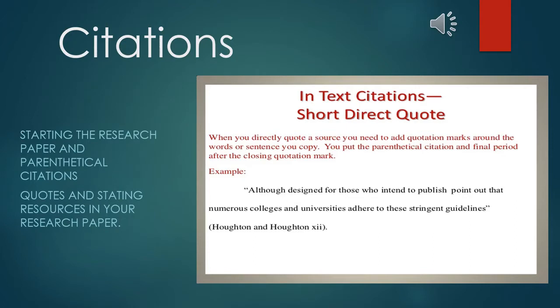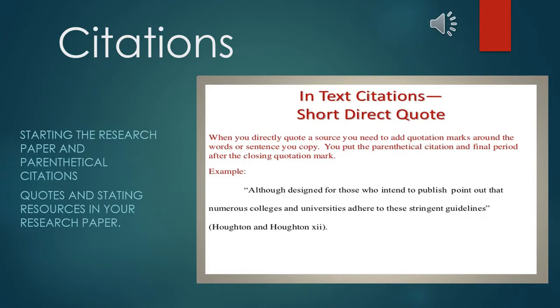Take the copied material from the text and put it in quotations. This tells the reader that this information comes from some other source. This is not your own words, it's somebody else's words. And you have to give credit to the author and to the source from where you got that information from.